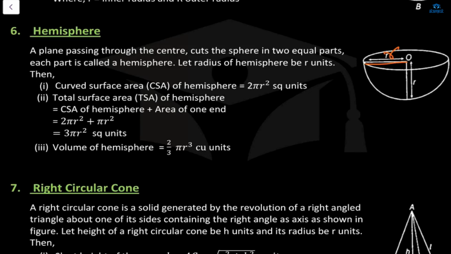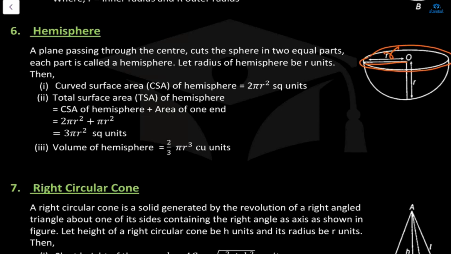Now here the thing changes. It will be CSA of hemisphere plus area of one end, because you'll have one base, and then half of the sphere is below. So the curved surface area of a hemisphere is 2 pi r square, plus the area of the one circular end.